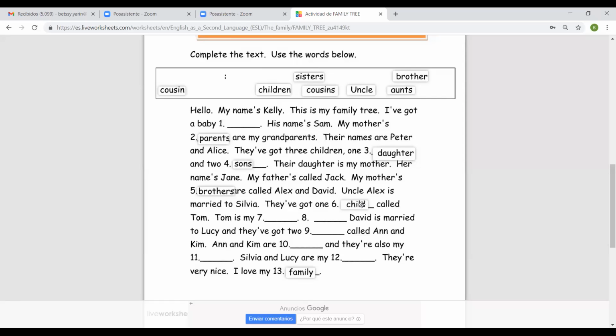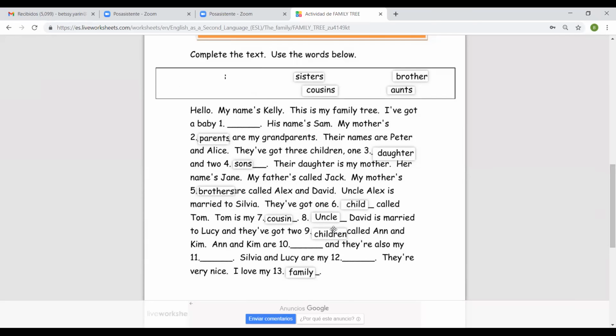Tom is my cousin. And in this is uncle, no? Uncle David is married to Lucy and they've got 2 children. Yes, I check, and I'm going to follow what you say.